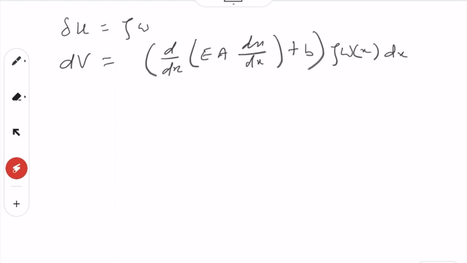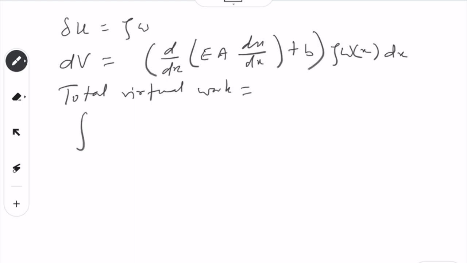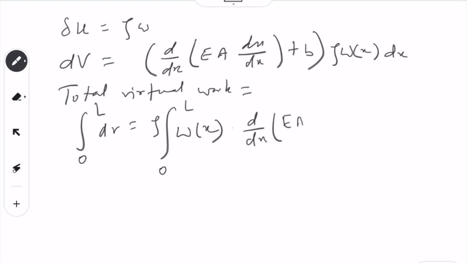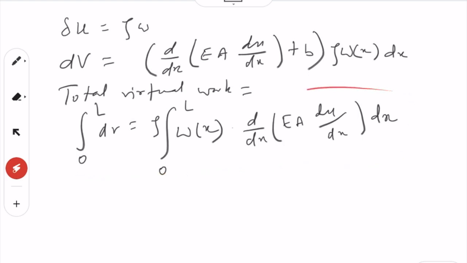So what you see here, in this case, is that the total virtual work will be equal to the integral from 0 to L of dV, which is the integral from 0 to L, and zeta we can take out, and we have w of x multiplied by d over dx of EA du over dx, plus b term, this b will also be there.